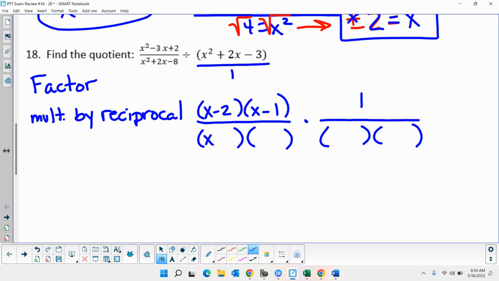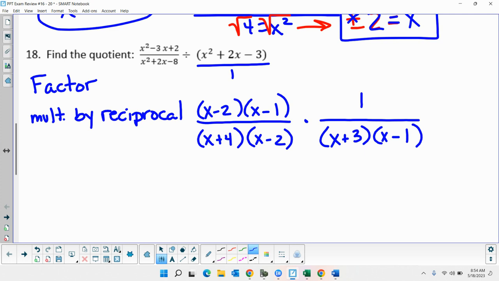Positive 4 and a negative 2, right? What are the factors of negative 3 that add up to positive 2? Right, positive 3, negative 1.